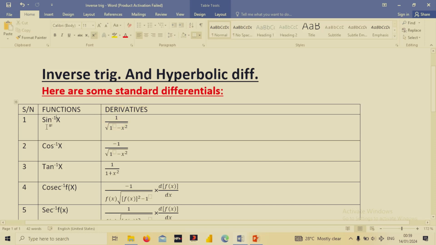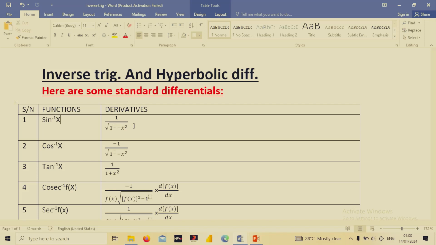So here, number one, today we have sine inverse of x, which is equal to 1 all over root 1 minus x squared. You see, it's as simple as that. Anytime you see sine inverse of x in any problem, what's supposed to come to your mind immediately is 1 all over root 1 minus x squared. It is a standard form. It is a standard differential.